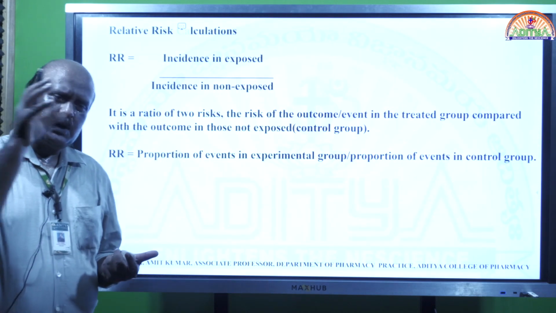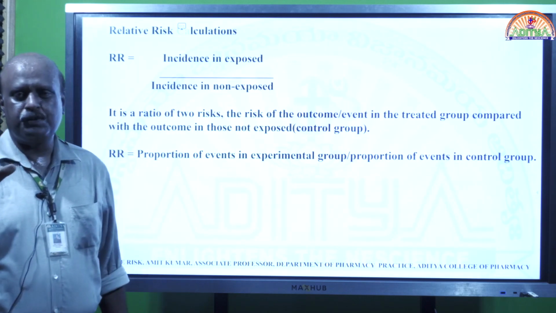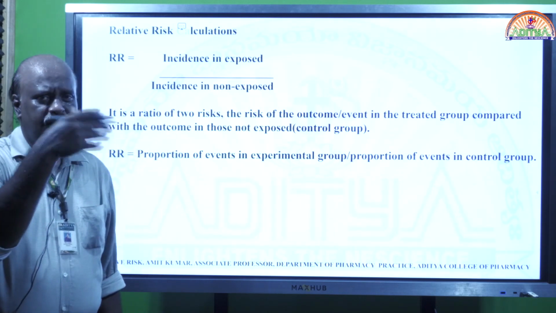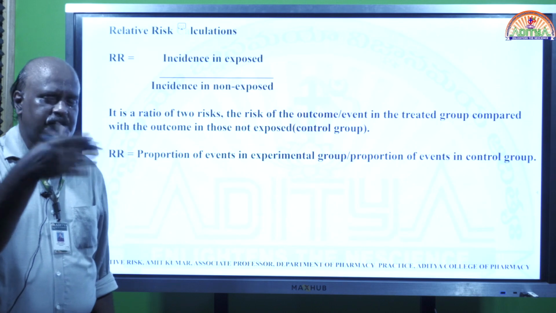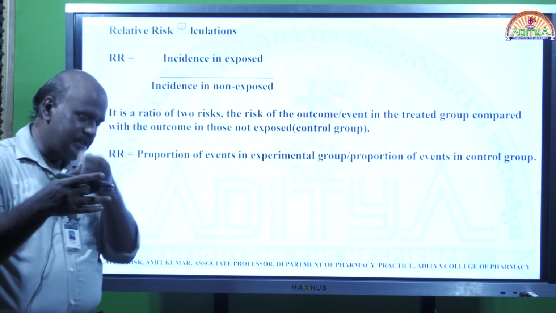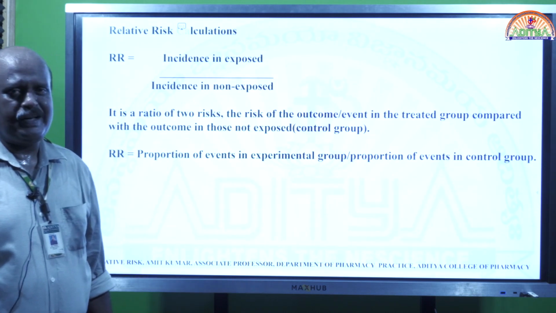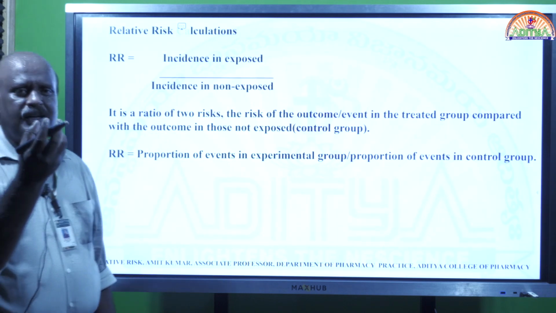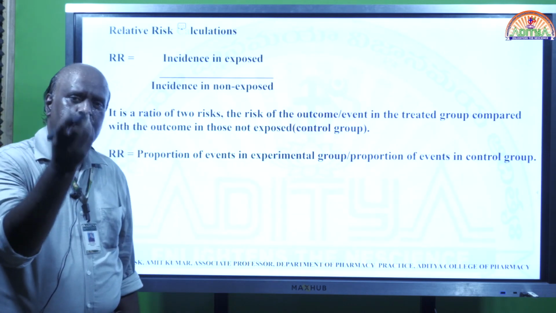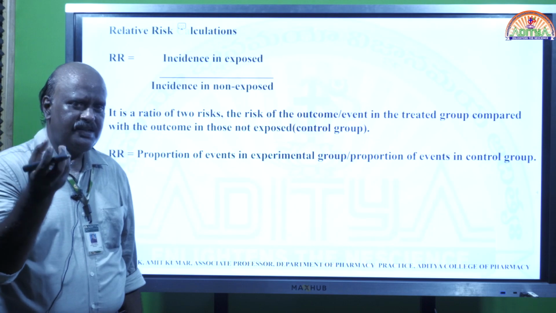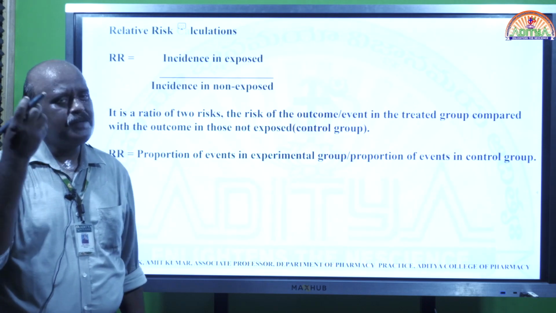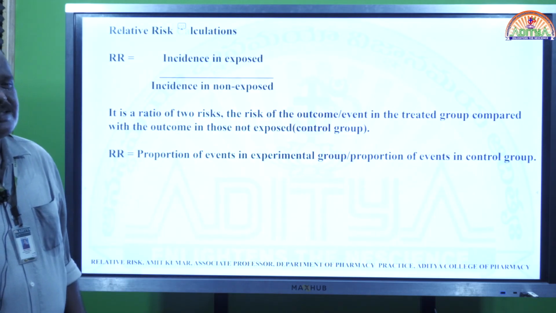As I told, two groups, exposed and non-exposed. The exposed group can even be called the treatment group or the experimental group, and the non-exposed can be called the control group. The risk in the exposed group to the risk in the non-exposed group will give us the relative risk or the risk ratio.